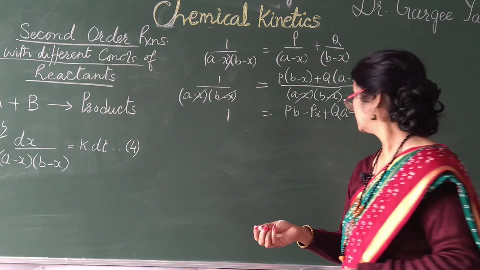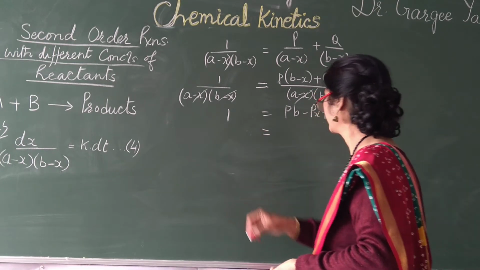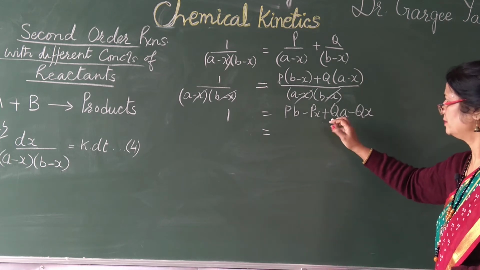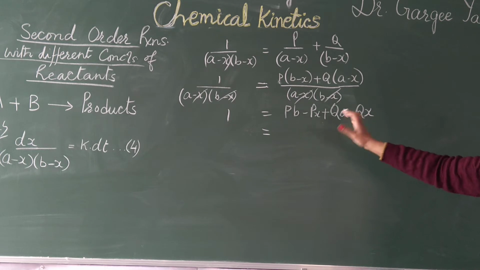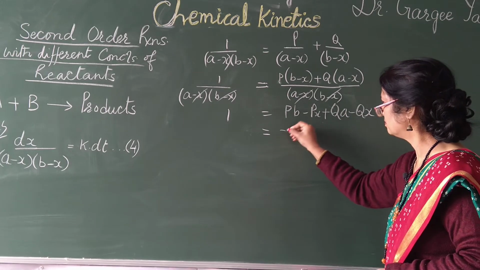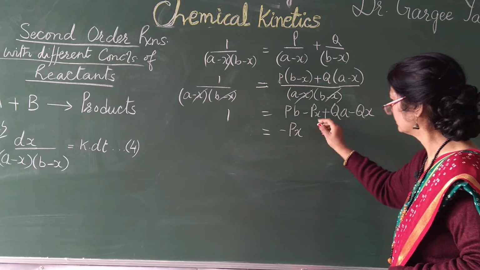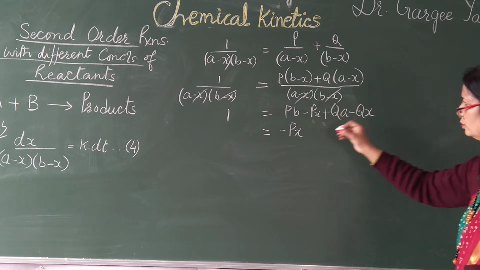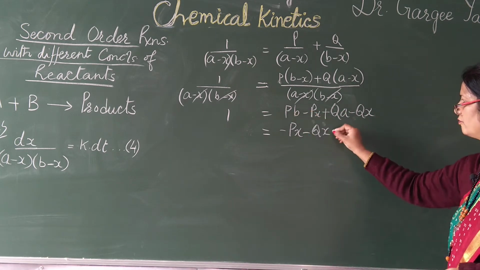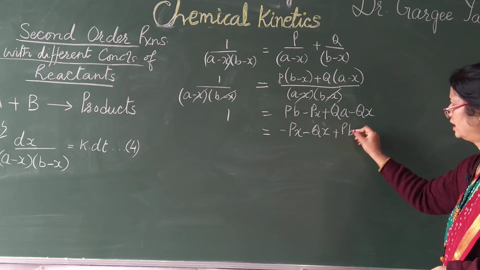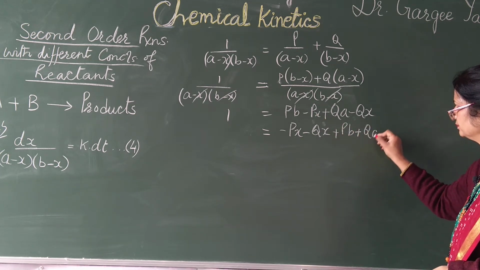Now we will bring these x terms. There are two x terms. We will bring them to one side, and what we have is minus Px, minus Qx, plus Pb and plus Qa.